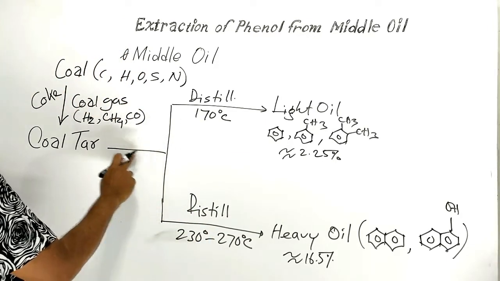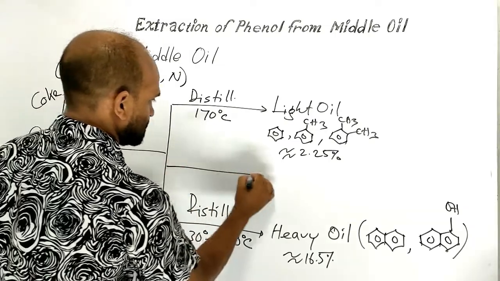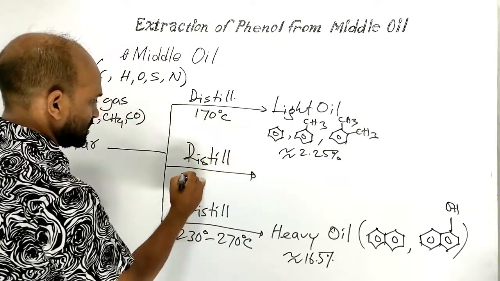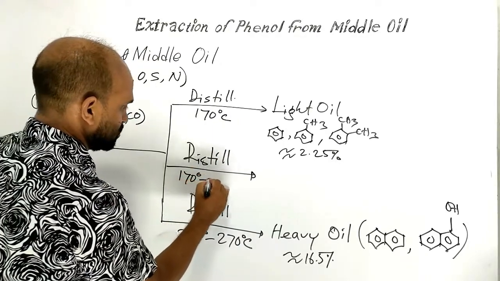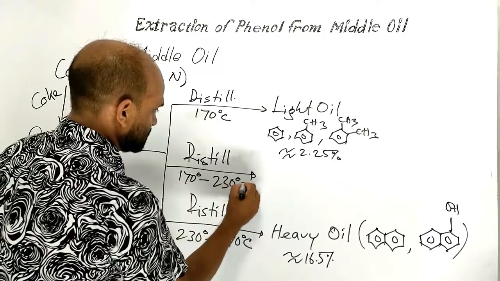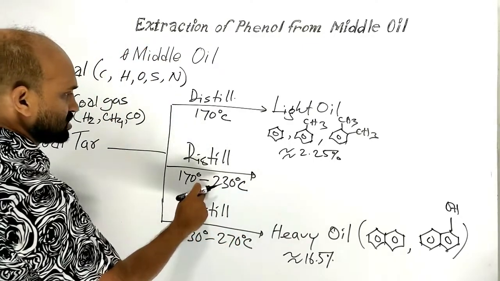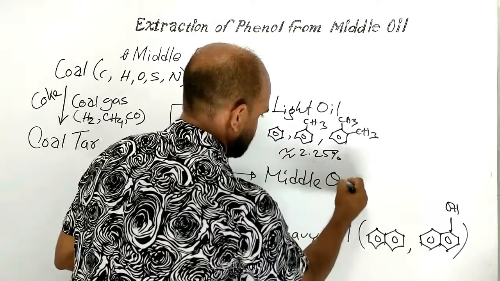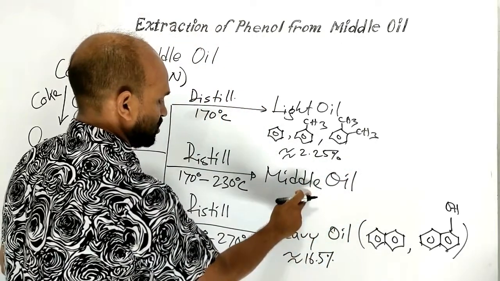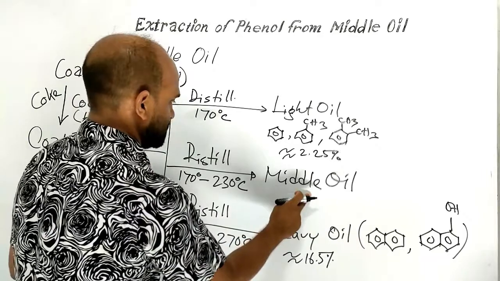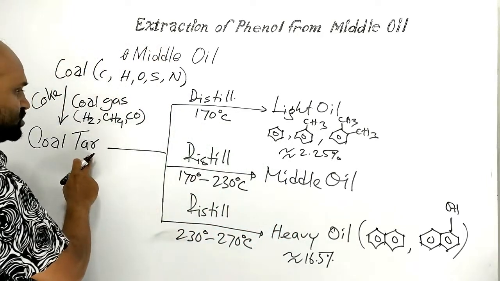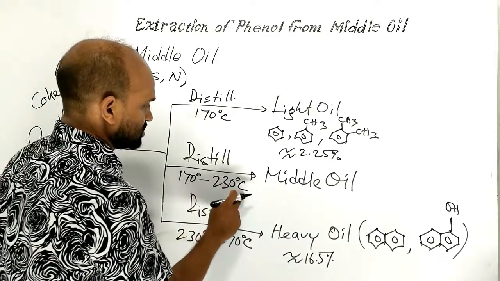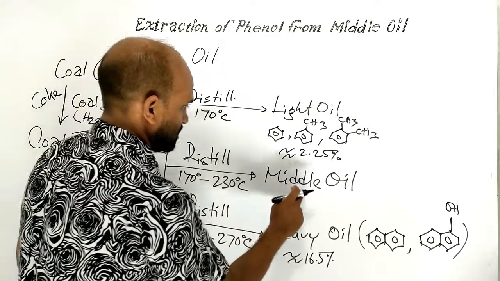But when coal tar is distilled at 170 degrees to 230 degrees Celsius temperature, then middle oil is obtained. This is middle oil, a distillate which is obtained from coal tar at 170 to 230 degrees Celsius temperature.